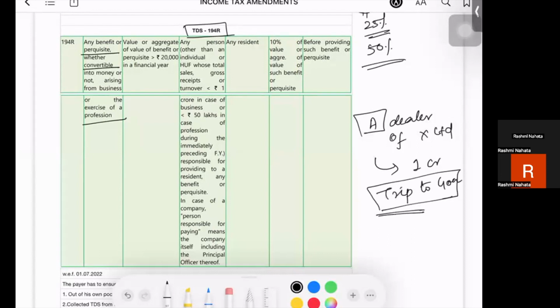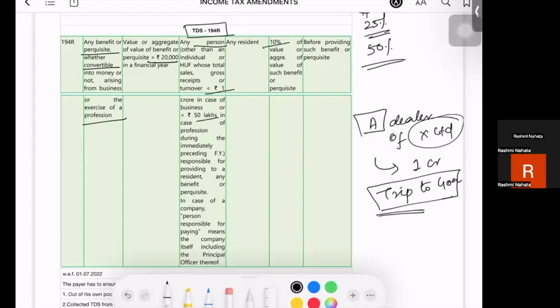And if the value exceeds 20,000, tax needs to be deducted by whom? X Limited, the one who is providing such kind of perquisite or benefit. Who is supposed to deduct? Any person, of course, individual and HUF, whose turnover is less than 1 crore, or 50 lakhs in the case of profession, in the immediately preceding previous year, will not be included here.